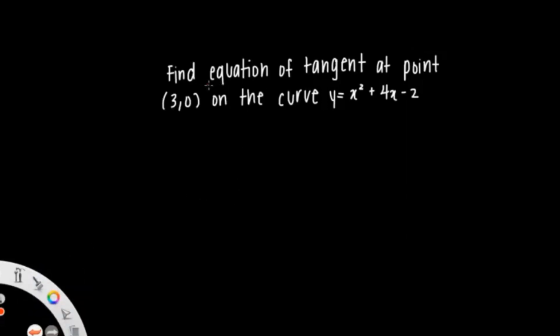So when they ask you for the equation of a tangent, you should know they want it in the form y equals mx plus c, because a tangent is a straight line graph.